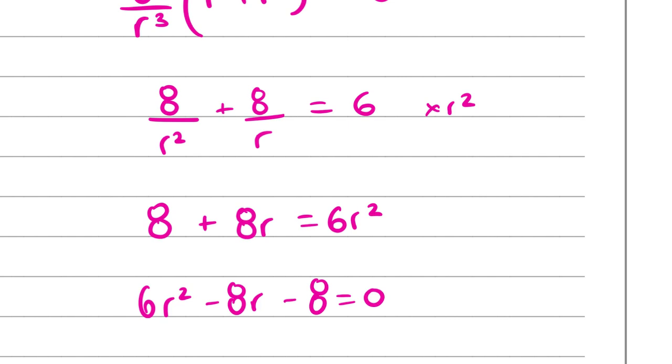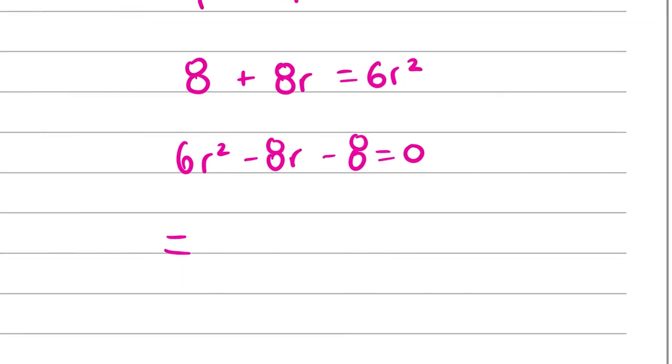Okay? So now I can solve this in my calculator. Got polynomials, so we've got 6, minus 8, minus 8. And I get r equals 2 and r equals minus 2 over 3.